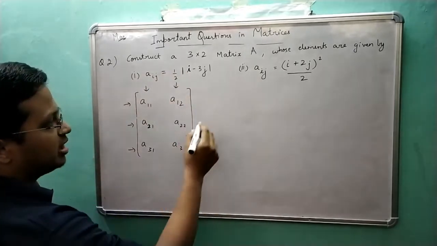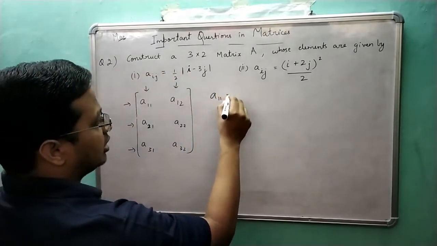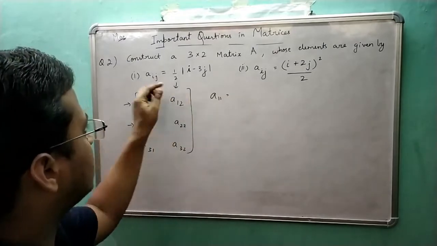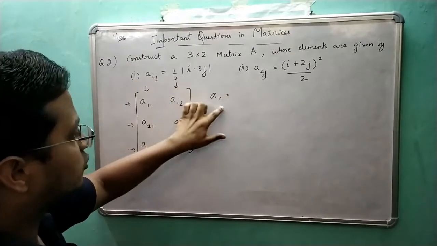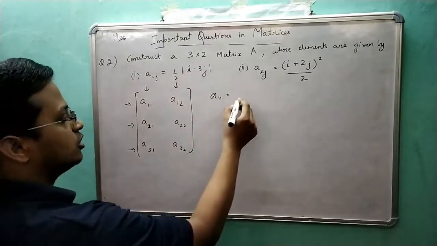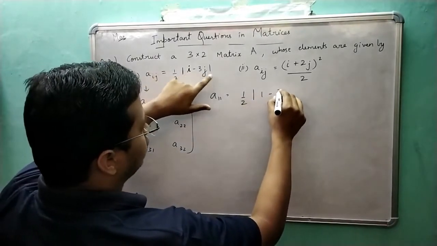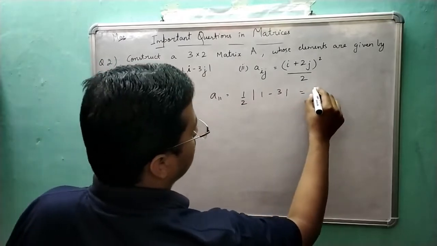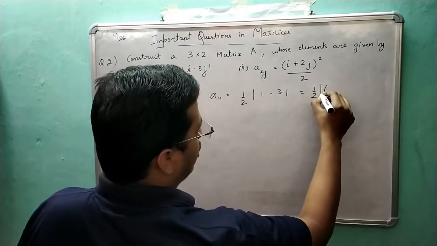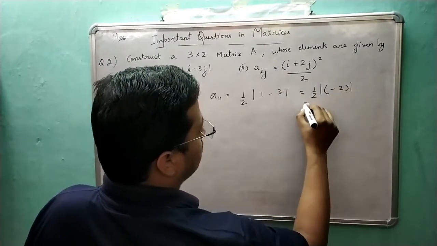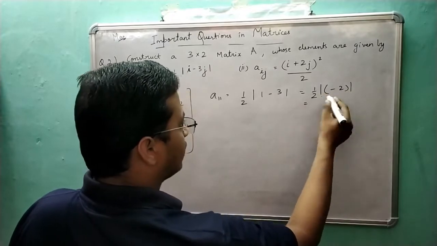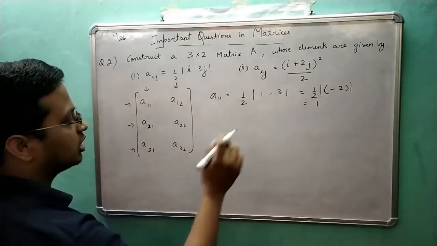So let's apply it. A11: here i is 1, j is 1. Just put that value. So half of mod of 1 minus 3, that is half of mod of minus 2. Mod of minus 2 is 2, so half into 2 is 1. So A11 is 1.